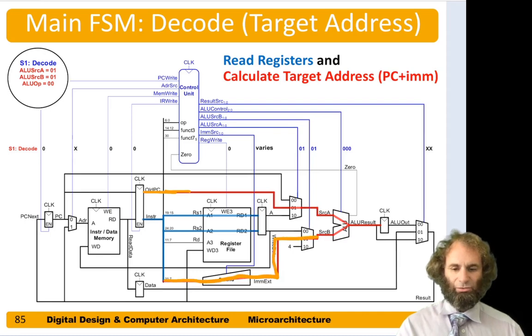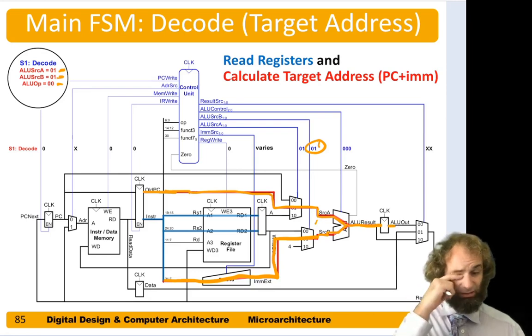Make ALU source B 0, 1 to choose the immediate, make ALU source A 0, 1 to choose old PC, and tell the ALU to add. So ALU op is 0, 0, meaning add, and that will calculate PC plus the offset and put the result in ALU out.